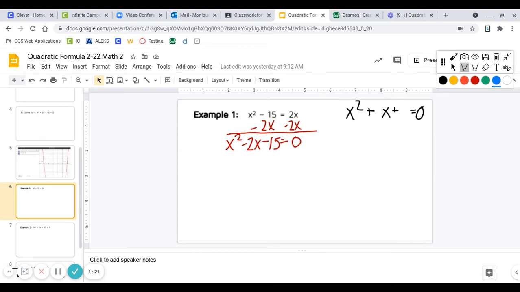So we're going to identify a to be in front of x squared, or the coefficient of x squared, b, the coefficient of x, and c, the constant. So a is 1 because there's an x squared term. B is negative 2 right here. And c, our constant, is negative 15.